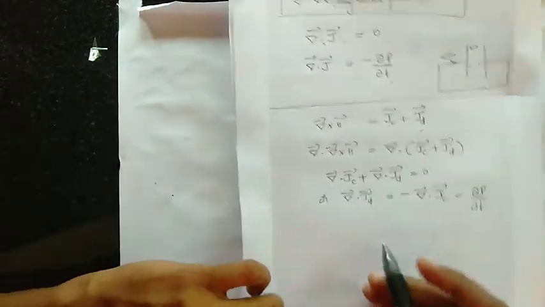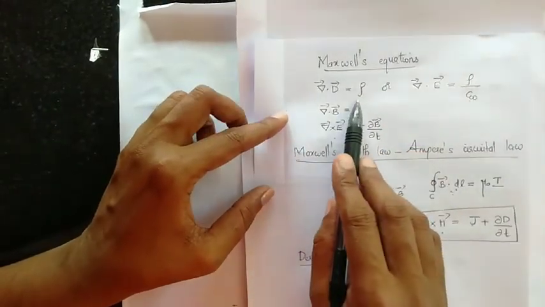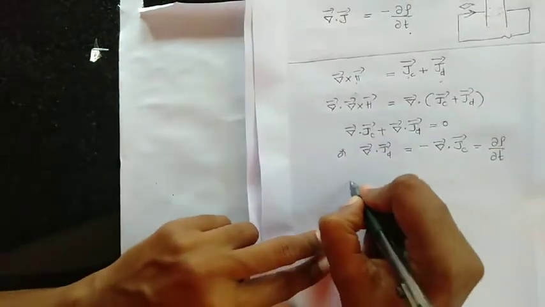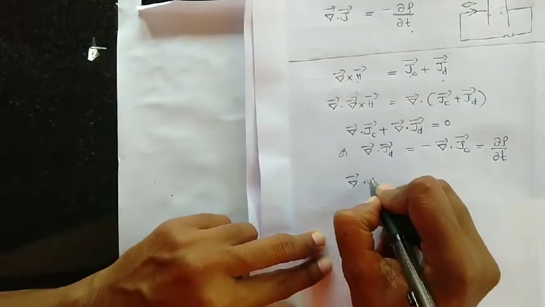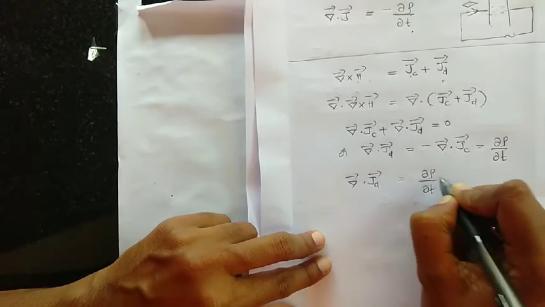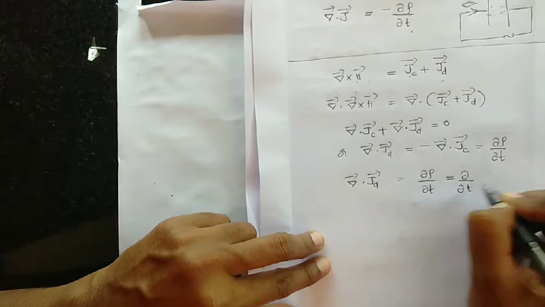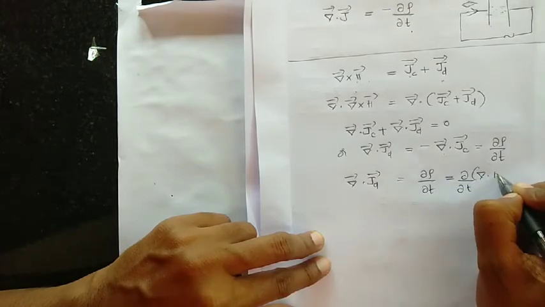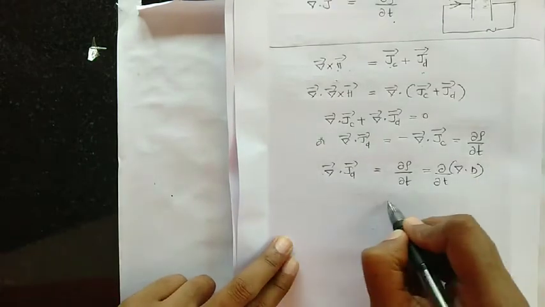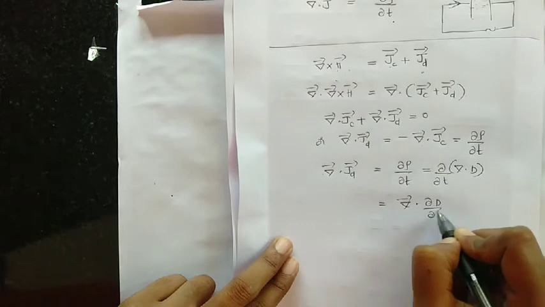But according to Maxwell's first equation, rho is equal to del dot D. Therefore, we can write del dot JD is equal to dou rho by dou t, but as rho is equal to del dot D, we can write it as dou by dou t of del dot D. Then it becomes del dot dou D by dou t.